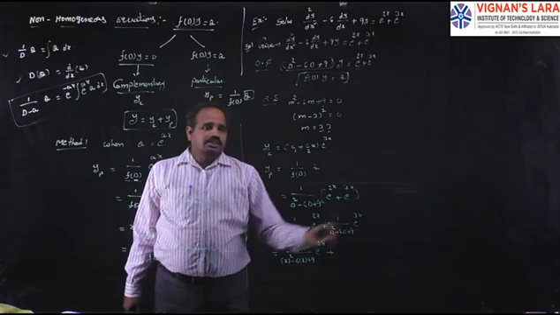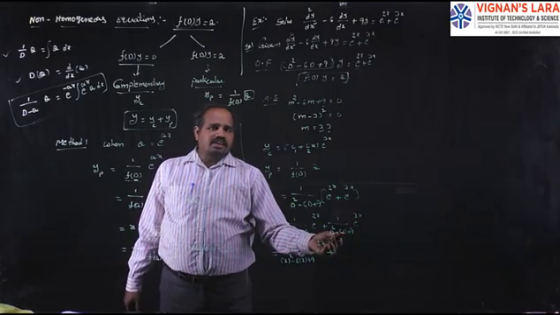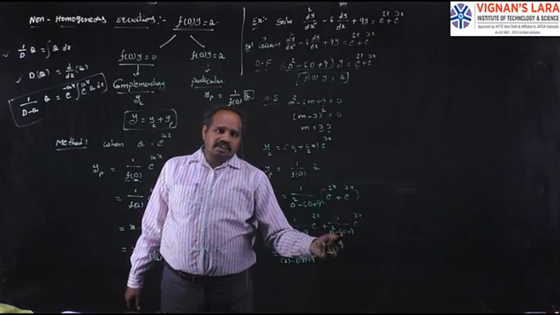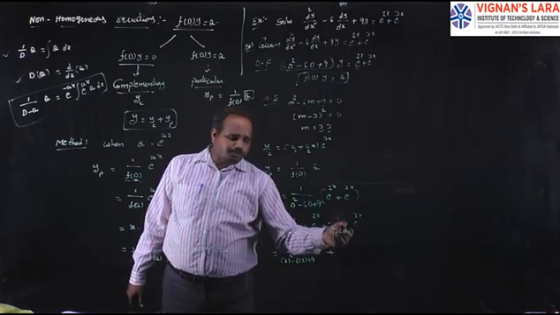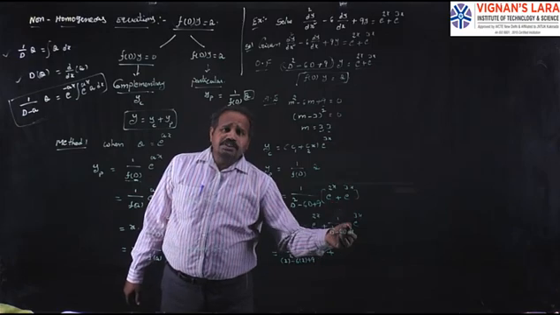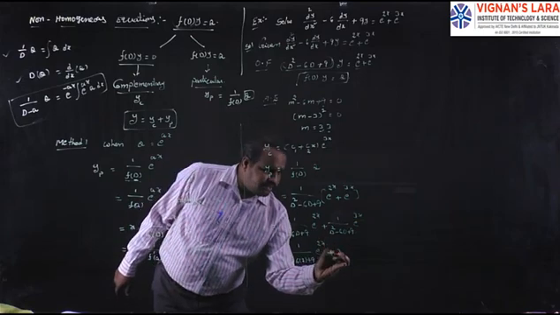Coming to this one, substitute d as 3: 3 square is 9, 6 threes are 18, 9 minus 18 is minus 9, minus 9 plus 9 becomes 0. So the denominator becomes 0 when d is substituted as 3. And that's why, what is the independent variable? x. Write that in front.